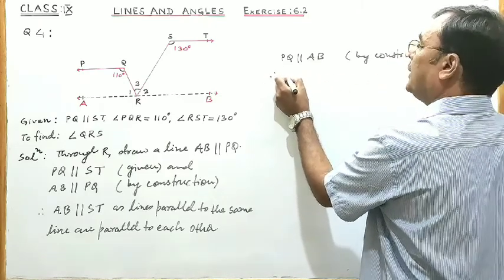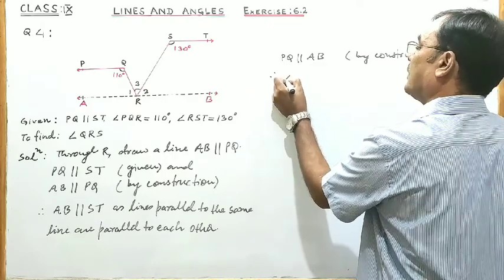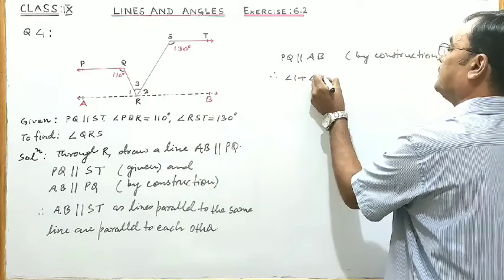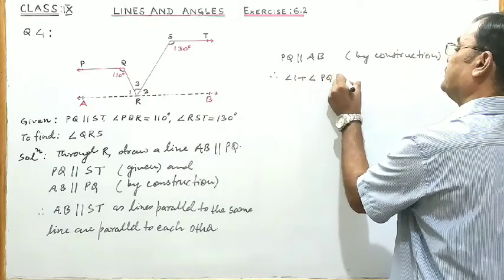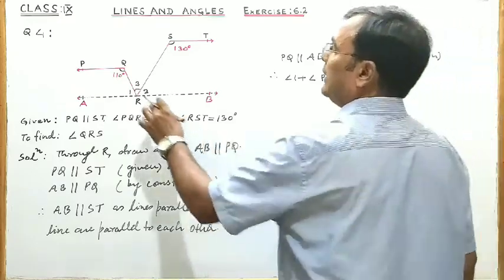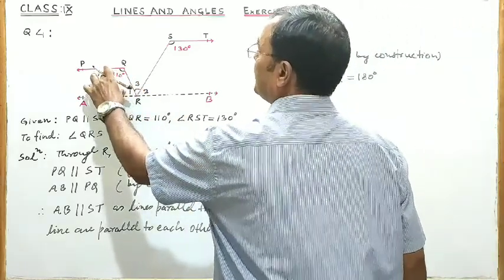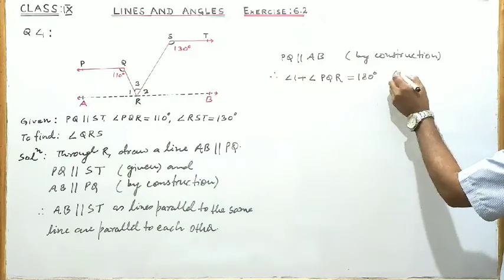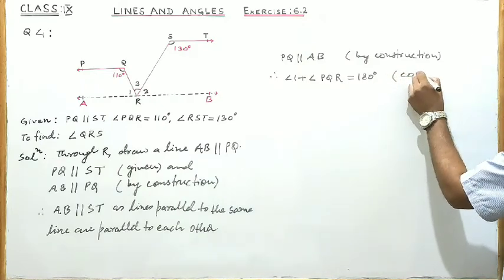Therefore angle 1 plus angle PQR is equal to 180 degrees, as they are consecutive angles, and consecutive angles are supplementary.